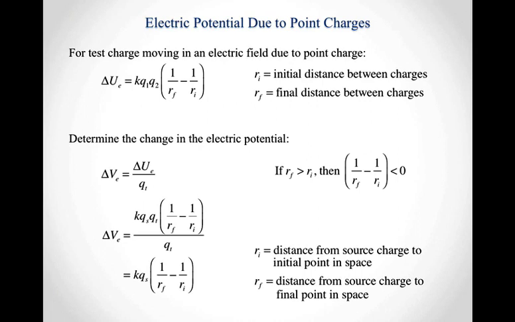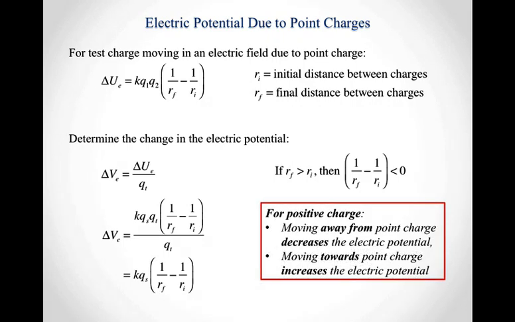Well, again, if we think about this term, as we said before, if you've moved away from the source charge, so that would mean that your final distance is greater than your initial distance, then 1 over your final distance minus 1 over your initial distance is actually something that's negative.